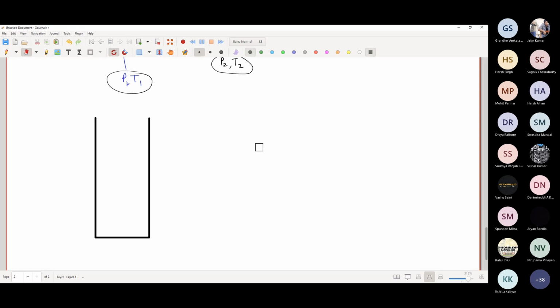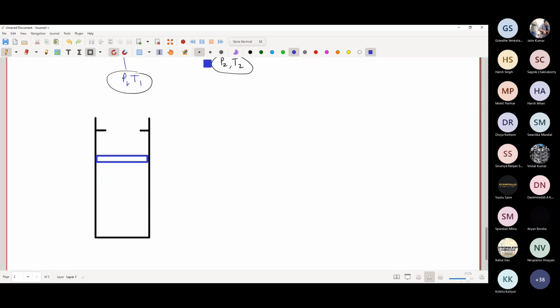So say this is a piston cylinder arrangement, and say this is a stop. So what is a stop? It does not allow the piston to fly off. Otherwise it would simply fly off. So this is the piston, this is the cylinder.